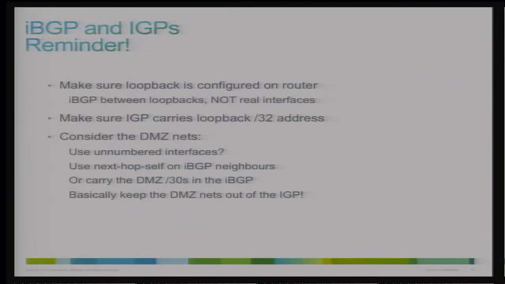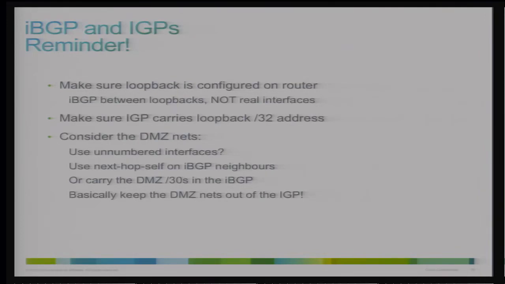For the DMZ nets, the nets that are connecting your network to another ASN, you can use unnumbered interfaces, or you can use a private IP address for them, as long as you override the next hop to be the loopback IP address.